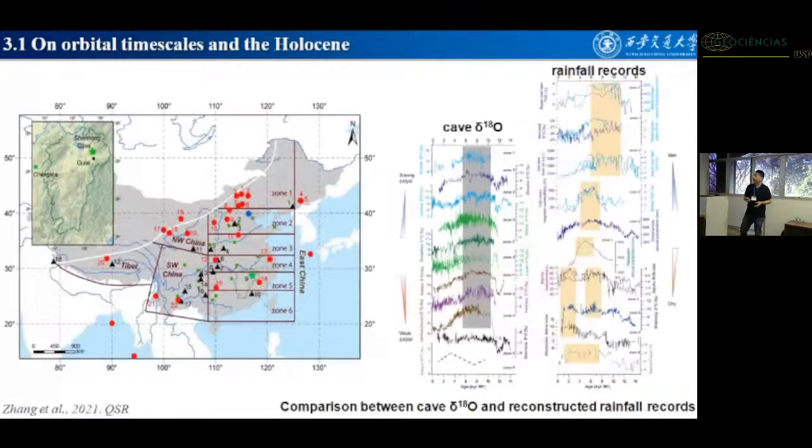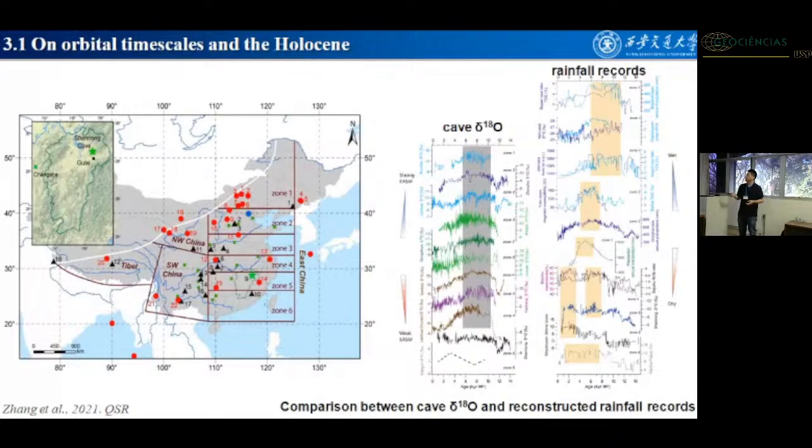So we collect all the speleothem records and reconstruct rainfall records from Eastern China. From north to south, we divided it into 6 zones. We put all these records in these 6 zones.